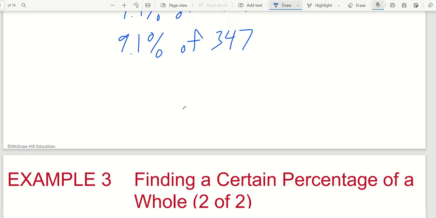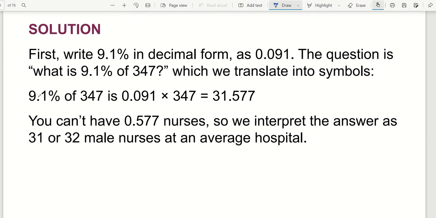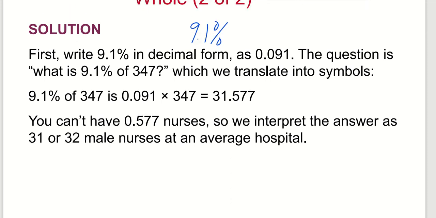To do that percent of, again, it's very important we need to change that percentage to a decimal. We're going to take the decimal spot and slide it 2 places to the left. 1 place will go around the 9. We add a 0, and that'll bring it to there. So 9.1% should be the same thing as 0.091.